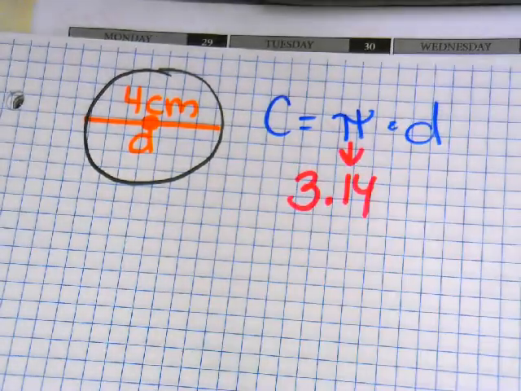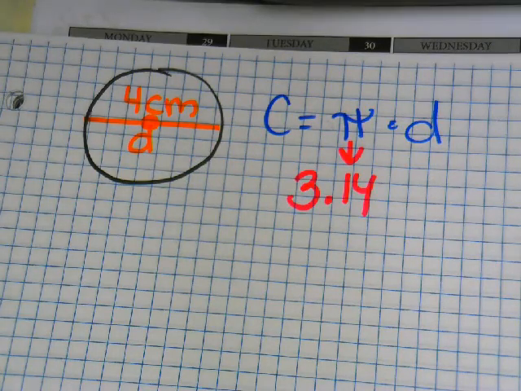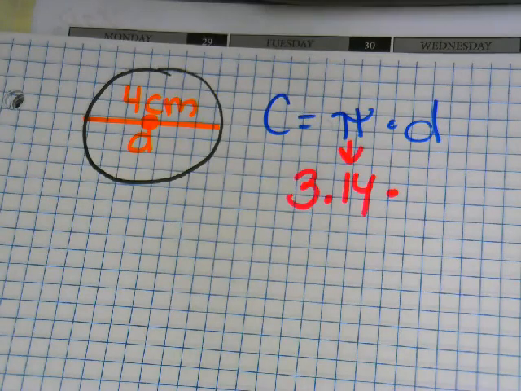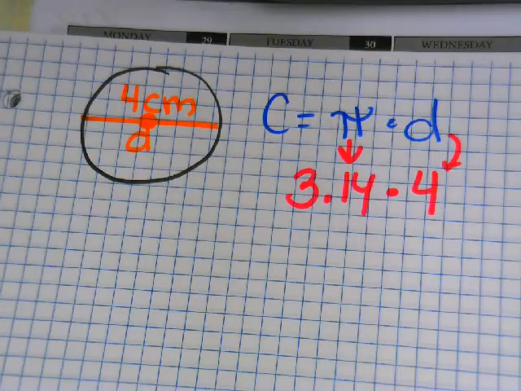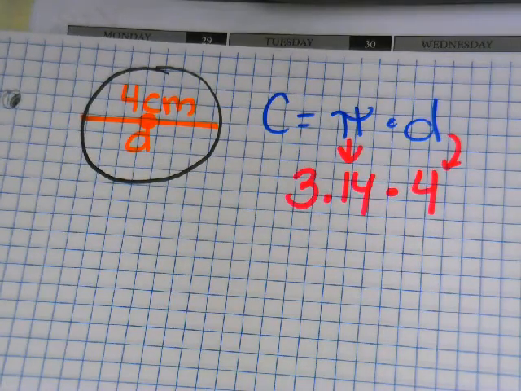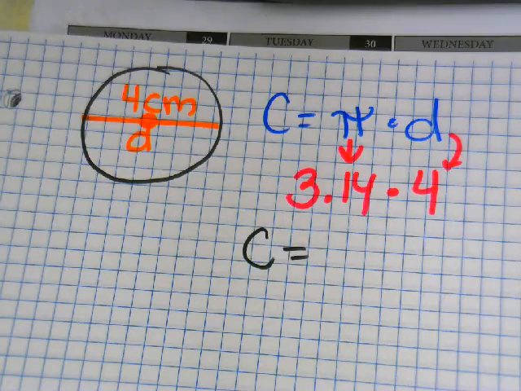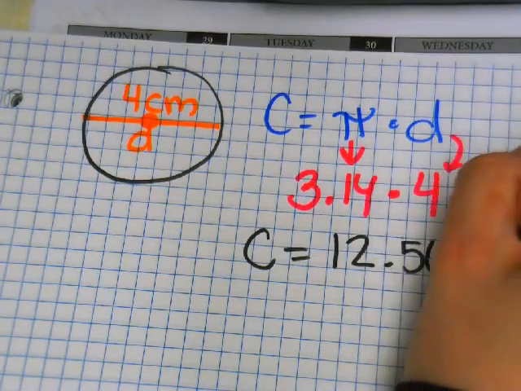It will always be 3.14 times the diameter of my circle, which is 4. So go ahead and plug that in. Using our calculator, we type this in, and you get 12.56 centimeters.